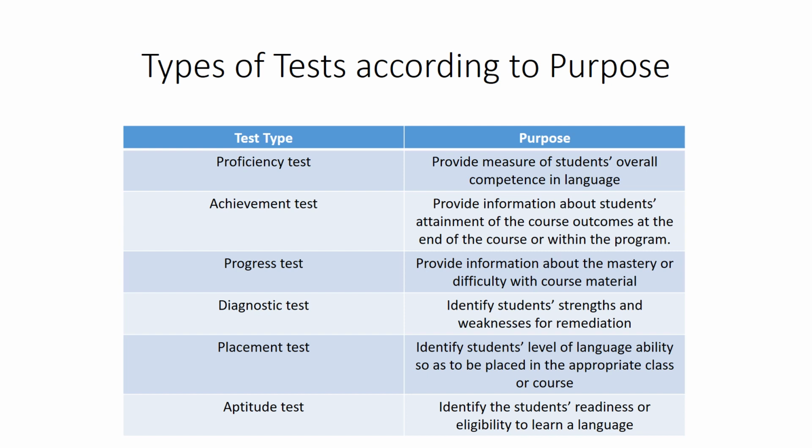Some say that the aptitude test is not a new one. It is a classic or traditional type of test. There are mainly two important aptitude tests found around the world. One of them is made in the United States, called the Modern Language Aptitude Test, designed by Carroll and Sapon in 1958. You see, in 1958, it is too old.